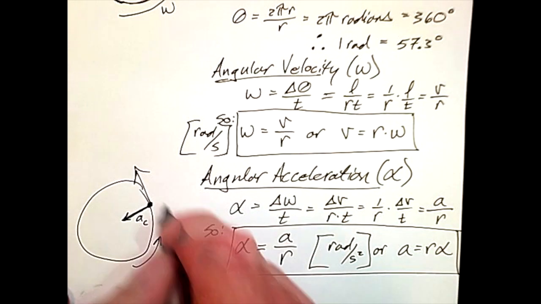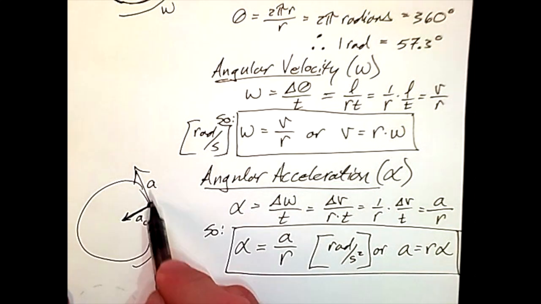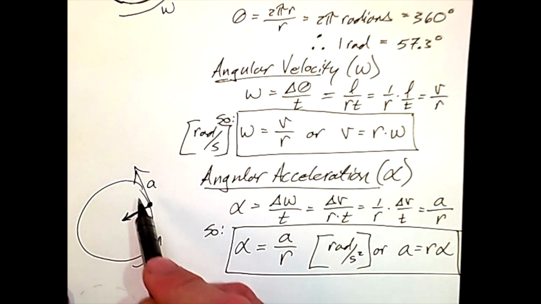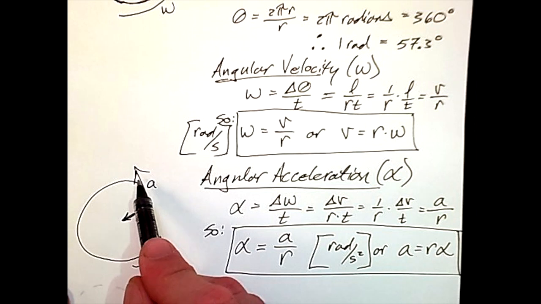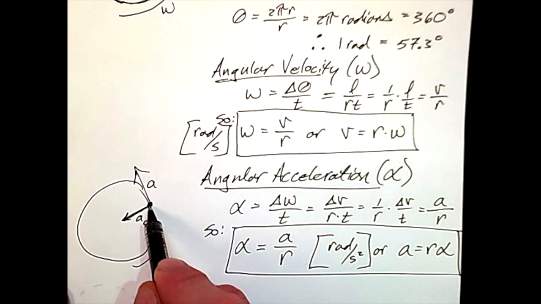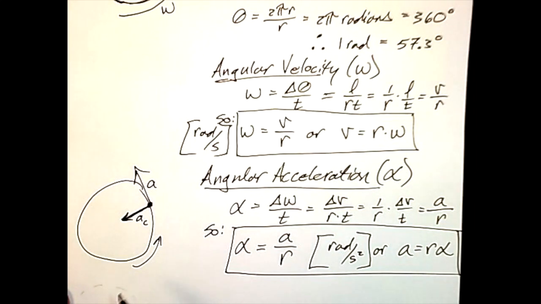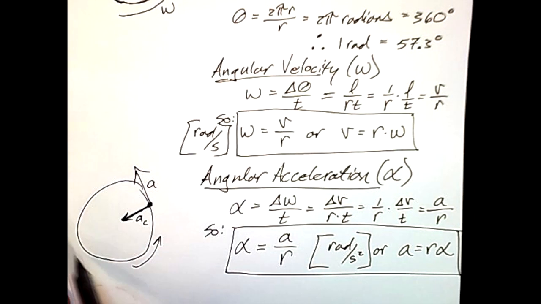That is that A that we're describing right here, right? This linear A is a straight line vector that is tangential to the path along the same direction as the velocity, right? But this direction changes depending on where I am along the circle. The centripetal acceleration always angles towards the center. So now it's possible to have a system where I'm not just experiencing a centripetal pull towards the center, but I'm also speeding up or slowing down in terms of the rotational rate.